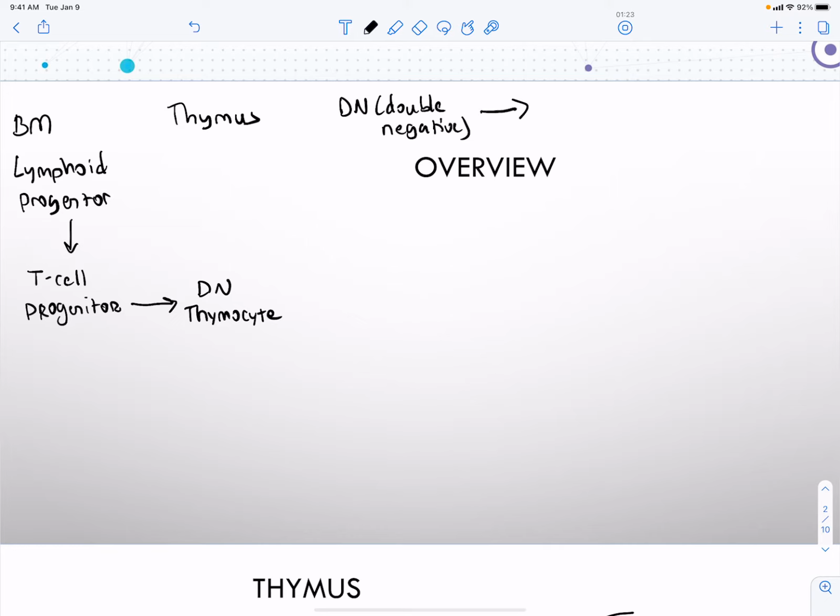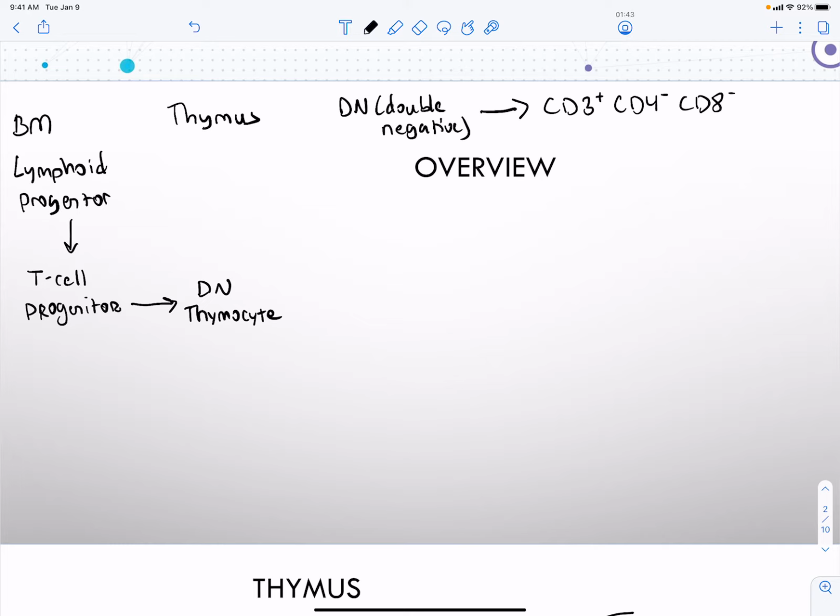So double negative means it is CD3 positive, CD4 negative, CD8 negative. So because it's both CD4, CD8 negative, it's called a double negative. T cells will always express CD3, so that will not change.